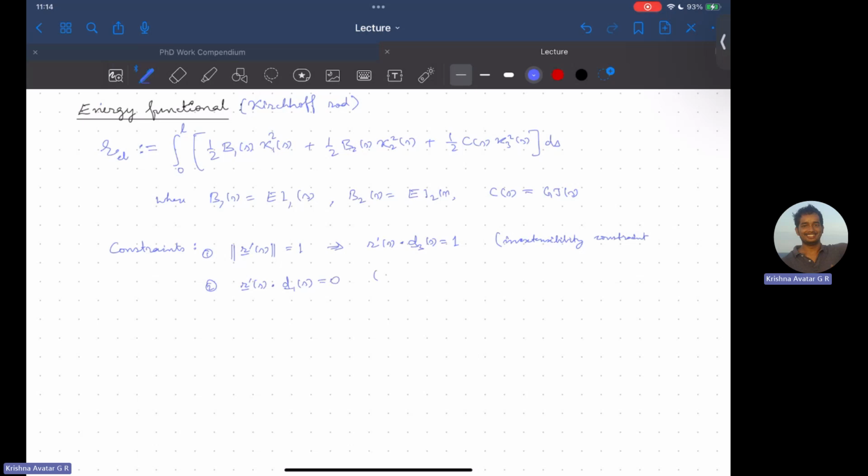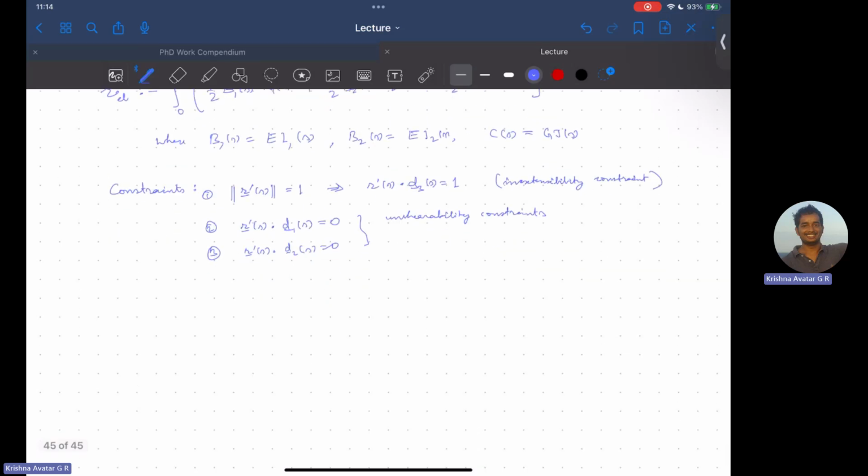These are the unshearability constraints, and we'll have two of them, one along D1 and one along D2. So these are the unshearability constraints.